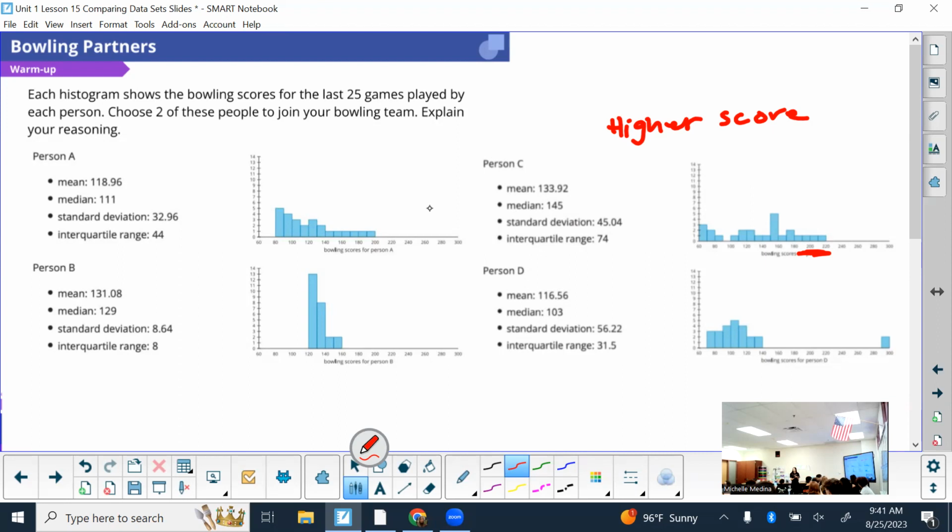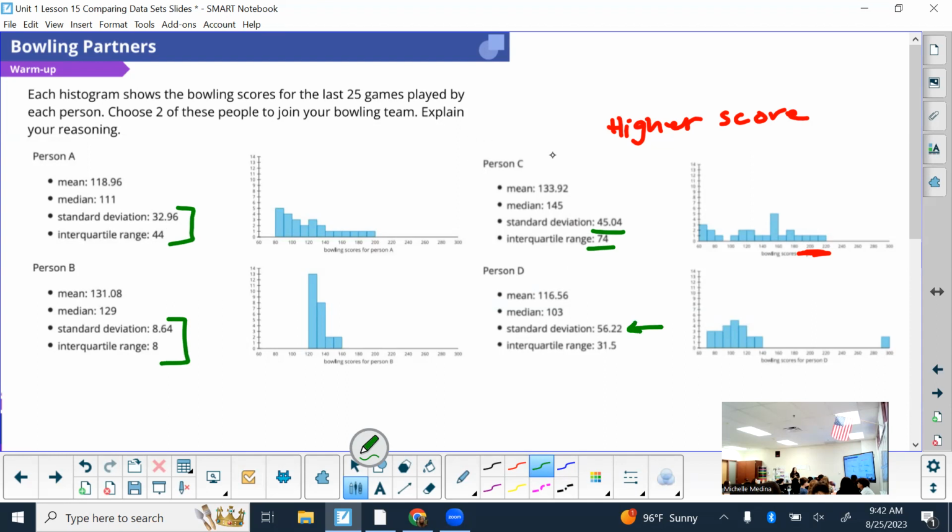Brian? Consistent and not. And what is a good measure of consistency? Yeah, the standard deviation and IQR also measure spread outness, but the fact that these tend to be higher than some of the others, so like higher than A and B, not as high as C for this one.